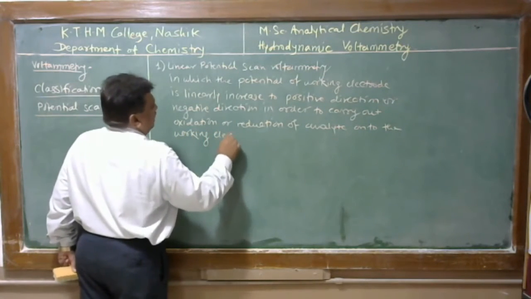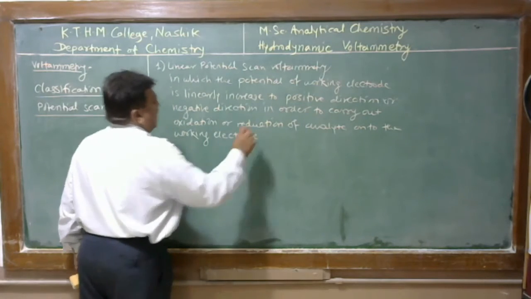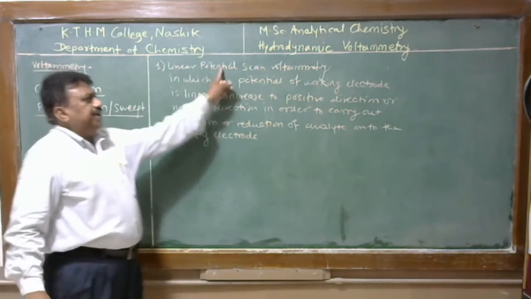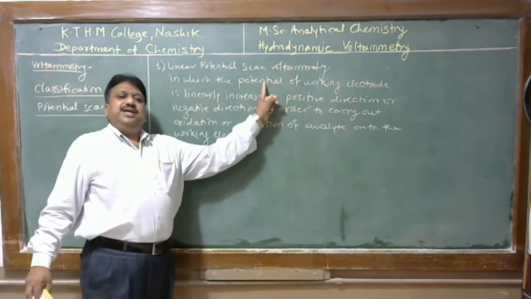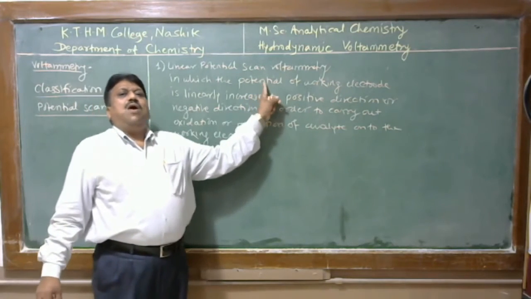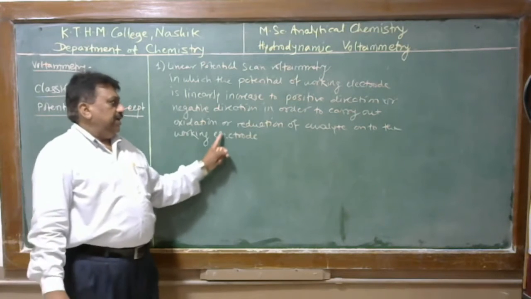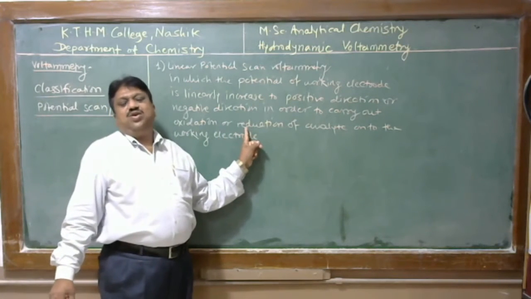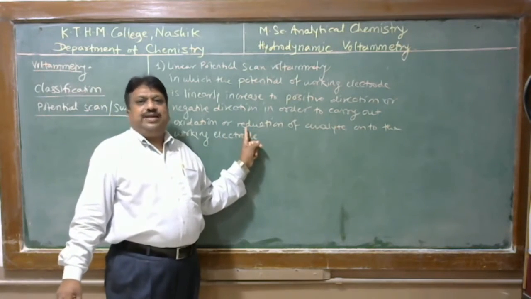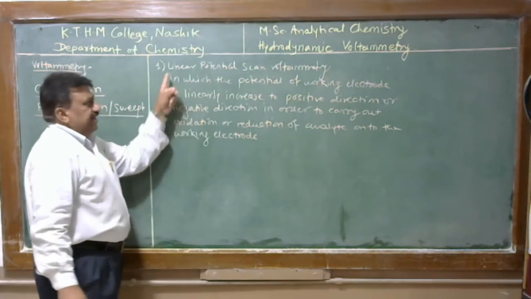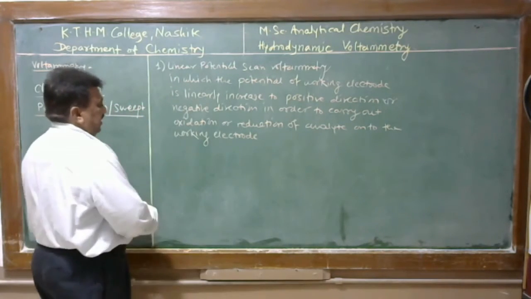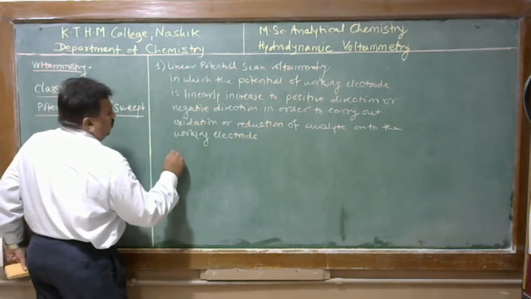Therefore, it is called linear potential scan. Linear potential scan means the potential is linearly increased either to the positive direction or to the negative direction in order to force the oxidation or reduction reaction onto the working electrode. Therefore, linear potential scan voltammetry is classified into two types.